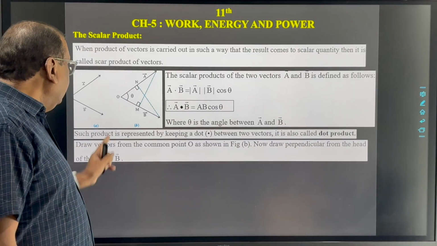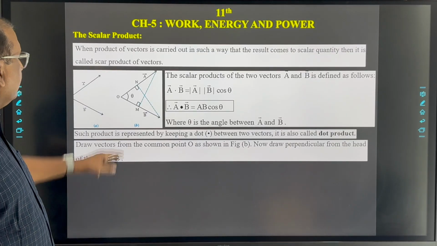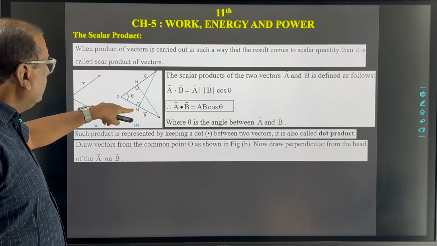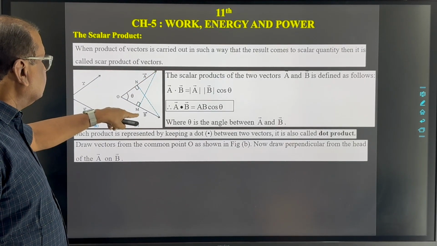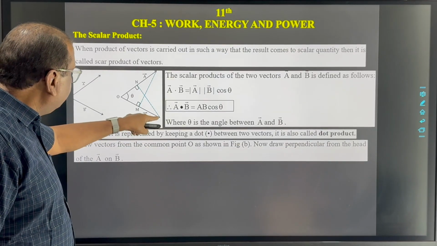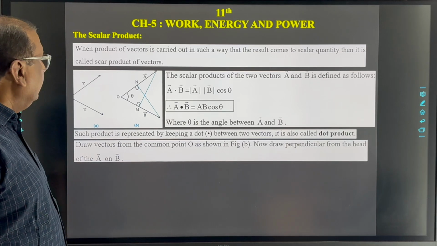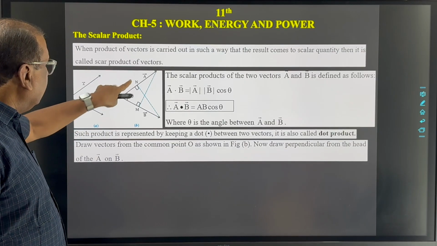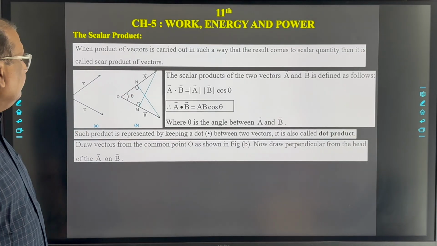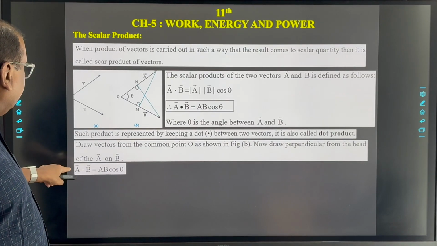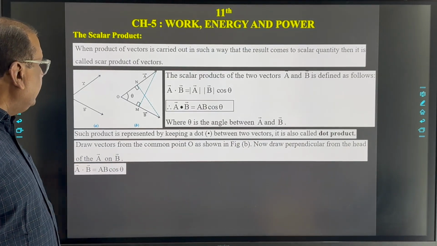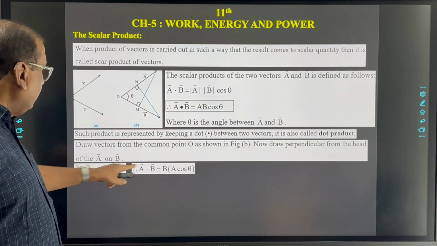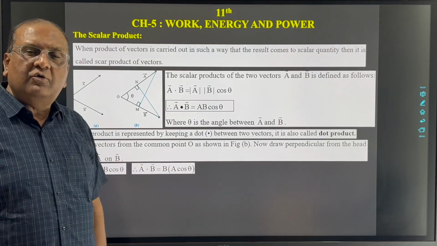Now see here. In this figure, suppose we draw a normal from the head of A to vector B, as well as a normal from the head of B to vector A. Then we will get these elements OM and ON, right? Now see here. When we write A dot B, that is AB cos theta, we can write this as A dot B equal to B into bracket A cos theta.